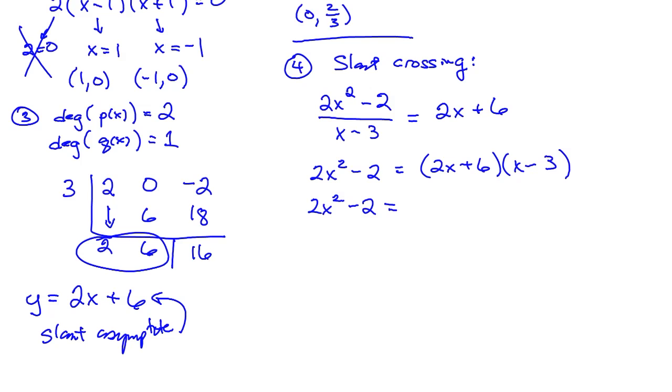Multiply out the right side, you get 2x squared minus 6x plus 6x minus 18.